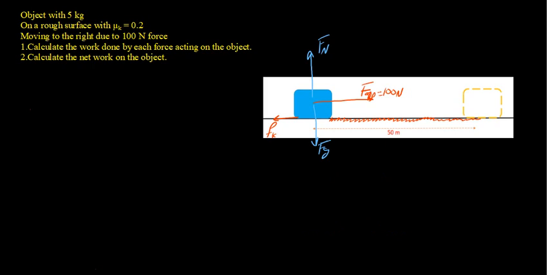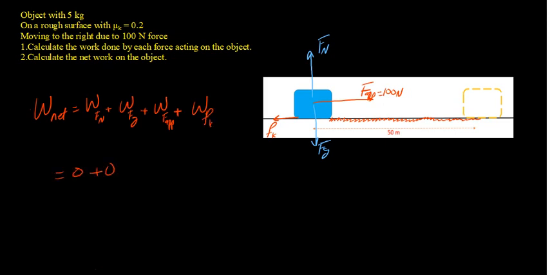To calculate the net work, it's going to be the work because of the normal force plus the work done by the gravity force plus the work done by the applied force plus the work done due to the friction. 0 plus 0 plus 5,000 minus 490, and it's just going to be simple.